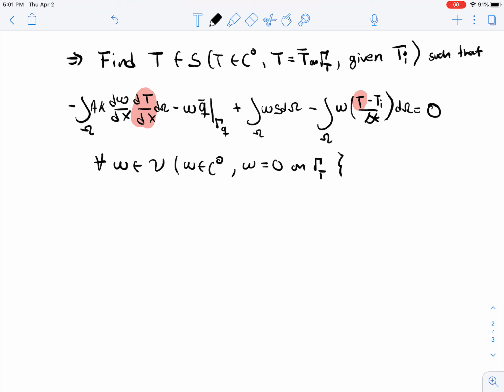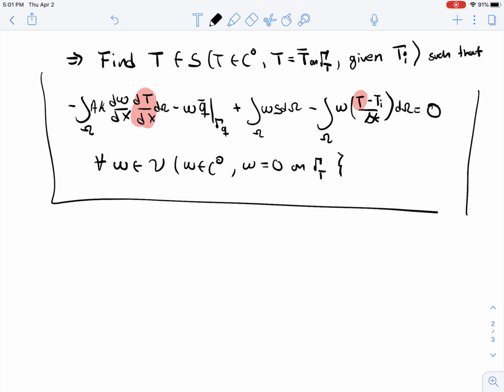And that's going to have some consequences for the system of equations that we are going to get. So if you remember, what we did for the steady state was after we had this point, we introduced the discretization of the shape functions, and that led to the stiffness matrix and the force vectors. So I'm going to do that. So this is sort of the statement of the problem.